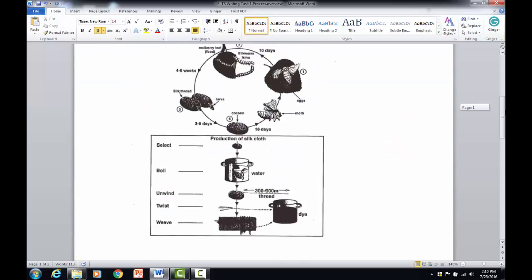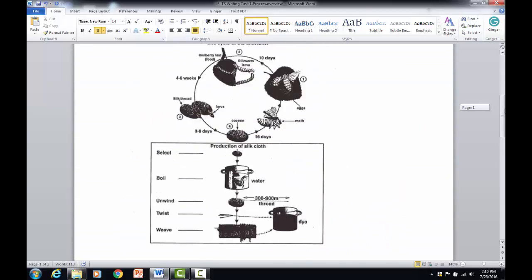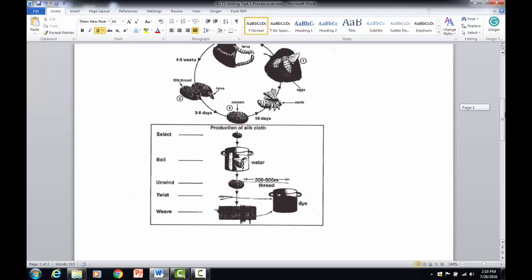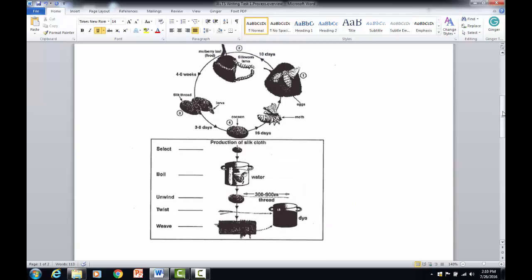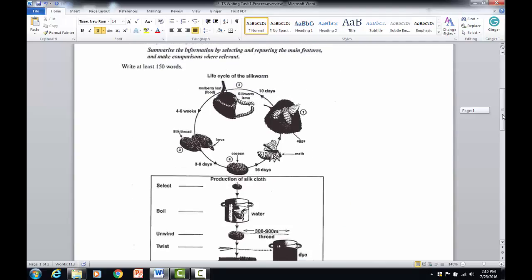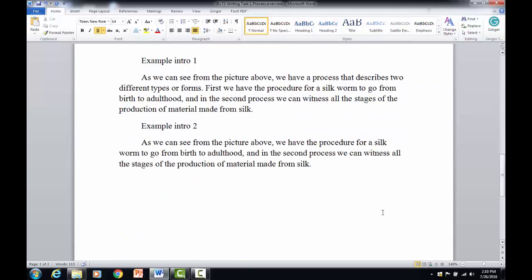Okay, so let's have a look here and see how we can go about doing it. All right. Life cycle of the silkworm. We're going to start right here.